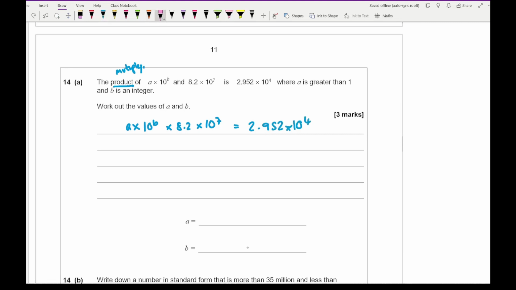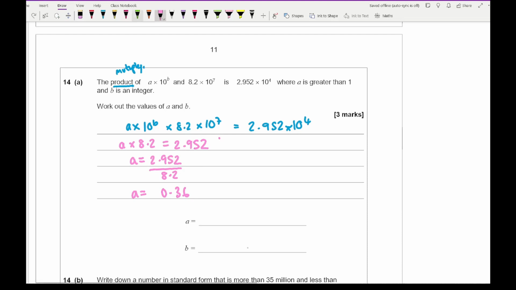Now comparing the coefficients, what I know is a times 8.2 equals 2.952. So then a equals 2.952 divided by 8.2, so a equals 0.36.